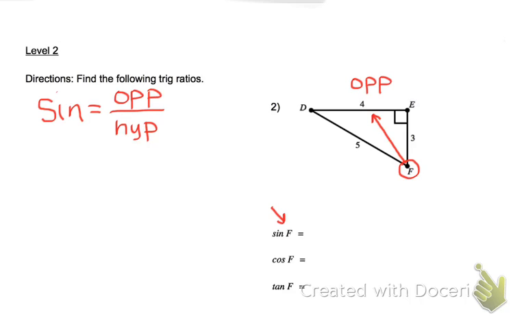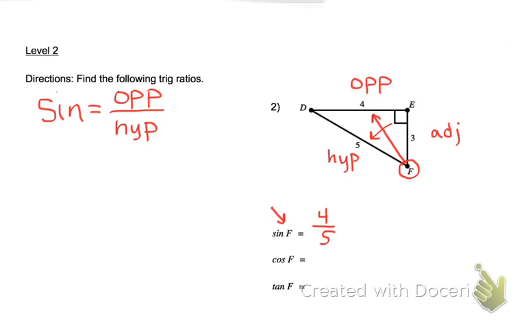And my hypotenuse across from the right angle is going to be 5. So I'm going to label that my hypotenuse. And then right now I'm just going to label my adjacent side too. So 3 would be my adjacent side, the side that's left. So opposite over hypotenuse, we have 4 over 5.